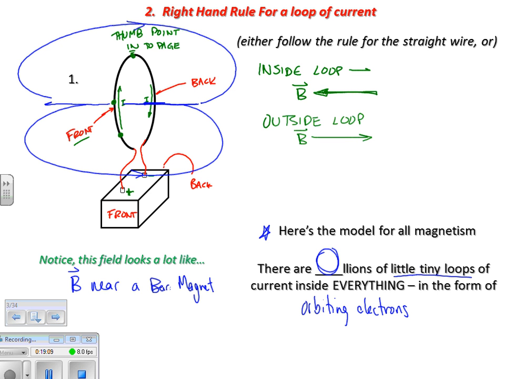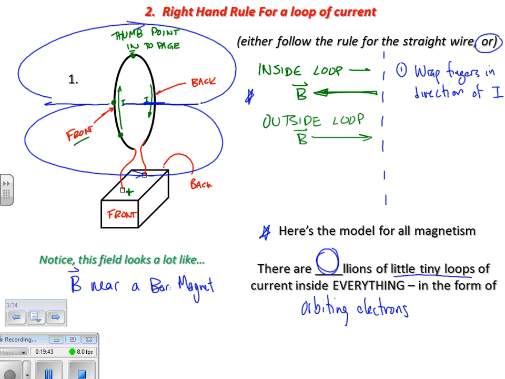Now, before we leave this page, I do want to go back a step. So here's where we did this by following our right-hand rule from the last page, right? Put your thumb in the direction of the current, wrap your fingers around the wire, and they'll point in the direction of the magnetic field. All right, the other way to do it is this. You can wrap your fingers in the direction of conventional current.